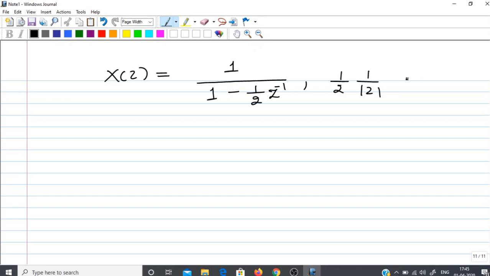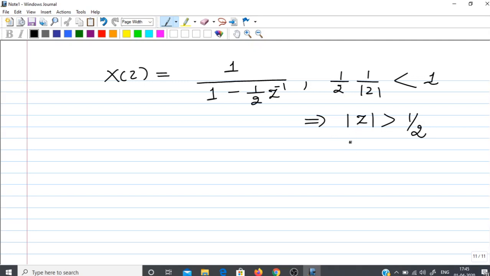So what I get is X(z) is 1 upon 1 minus half Z inverse, provided half times 1 by mod Z is strictly less than 1, or this implies the mod of Z is strictly greater than half.